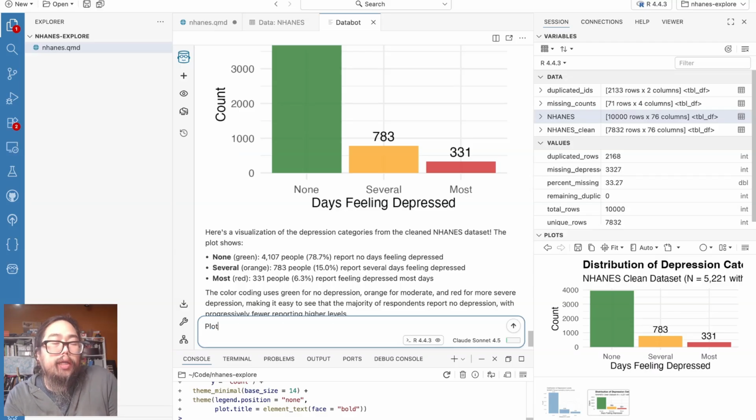So let's make cross tables of physical activity variables, because I'm pretty sure there's more than one. Physical activity variables versus the depressed variable.